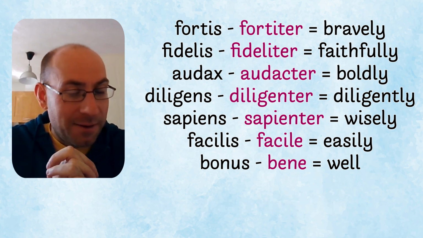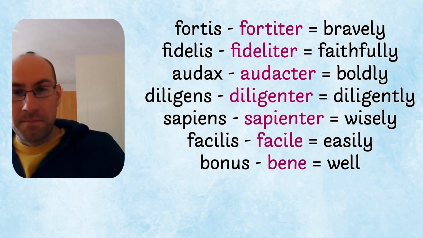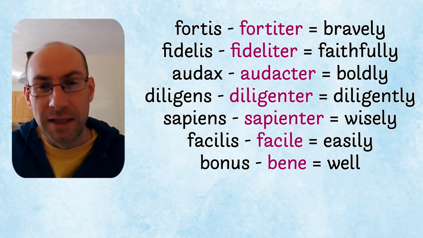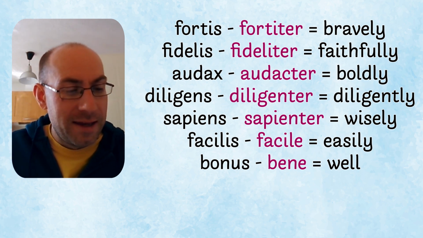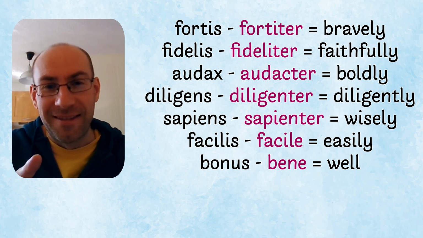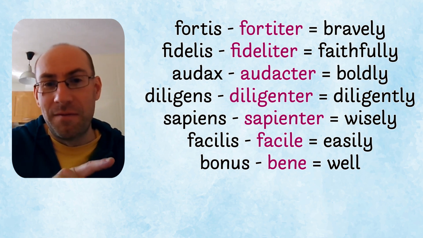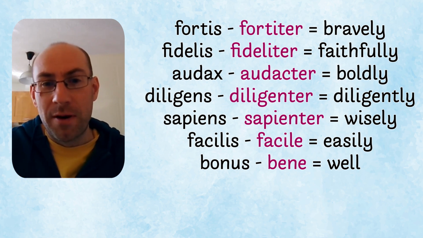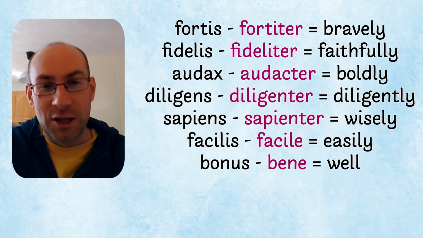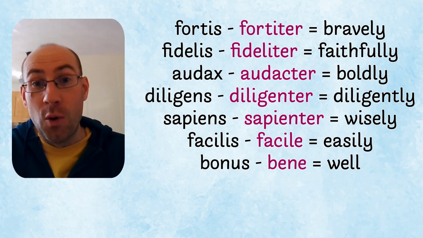Couple more. Let's take the robber. Remember him? Latro, the declension. Latro, he boldly seizes, snatches the money. And the verb is rapio, rapere. Rapio, rapis, rapit. Latro rapit. Boldly seizes the money, snatches the money.